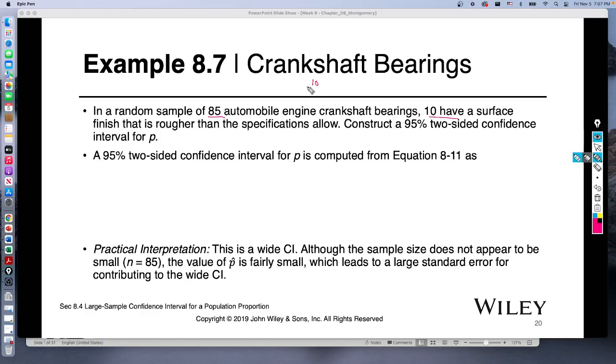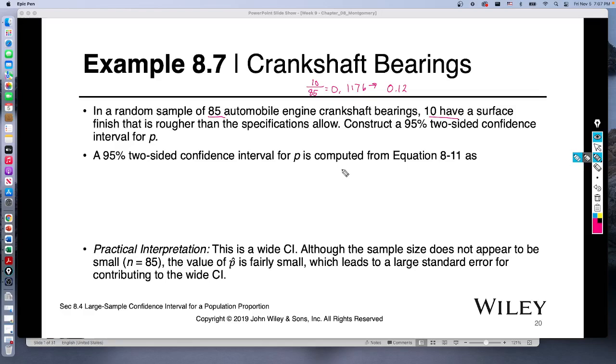Well, that's 10 divided by 85, which is 0.11776. For simplicity, we'll just round that to 12%, 0.12, two decimal places.